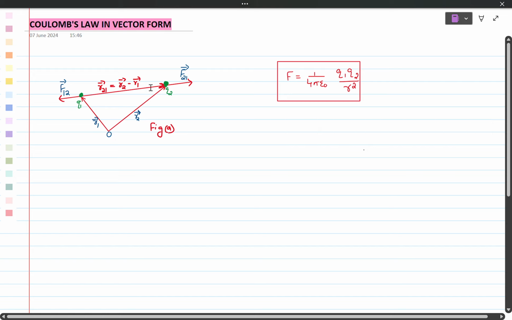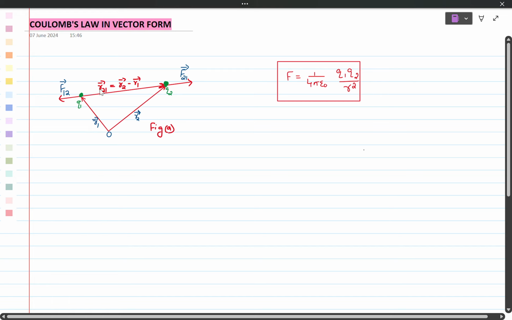And the displacement between the two charges q1 and q2 is represented by vector r21. Here, for convenience, we consider the vector leading from q1 to q2 as vector r21. In the same way we can consider the vector leading from q2 to q1 as r12.